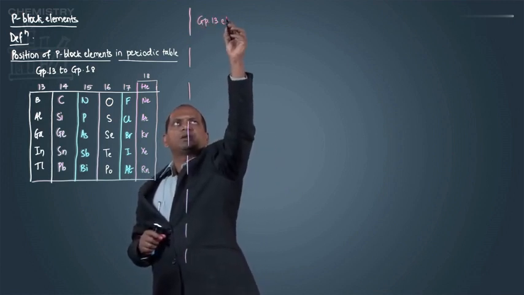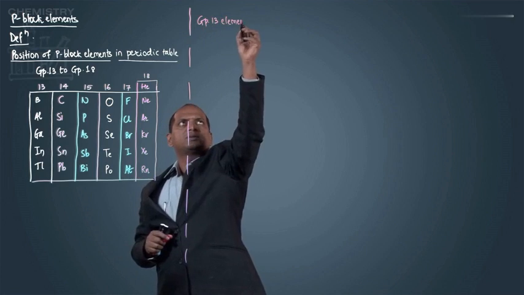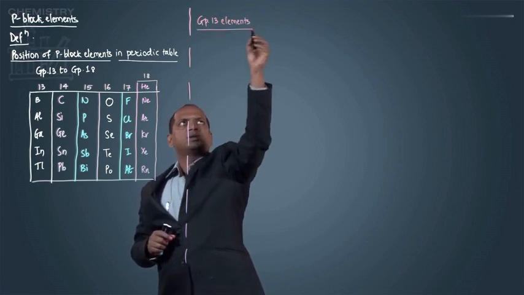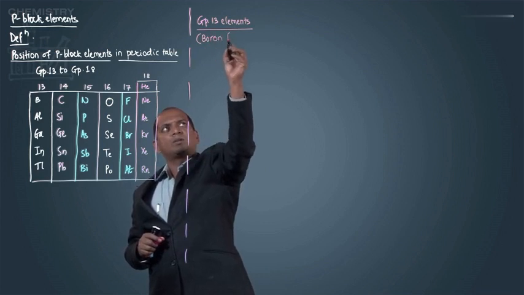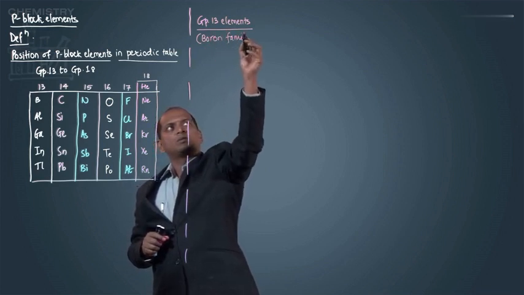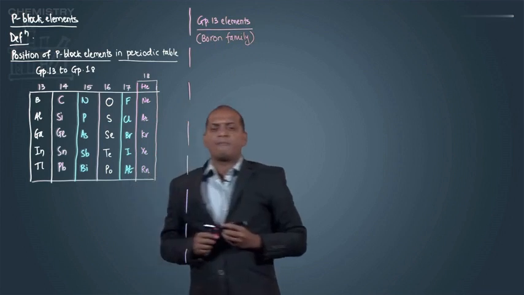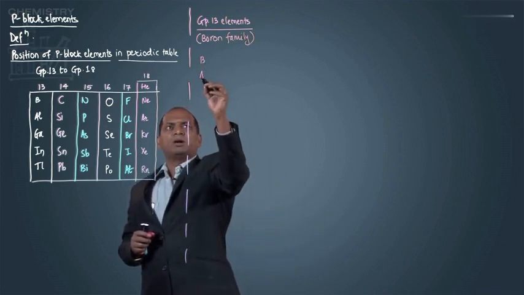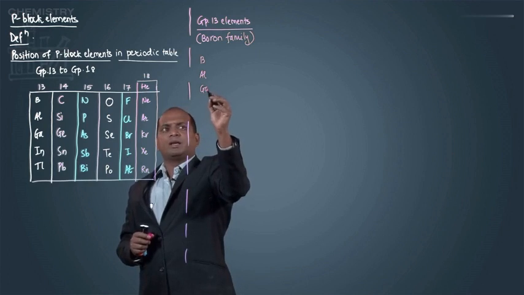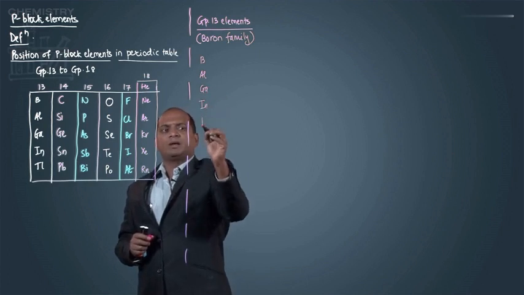Group 13 elements or boron family. So in the boron family we have boron, aluminium, gallium, indium and thallium.